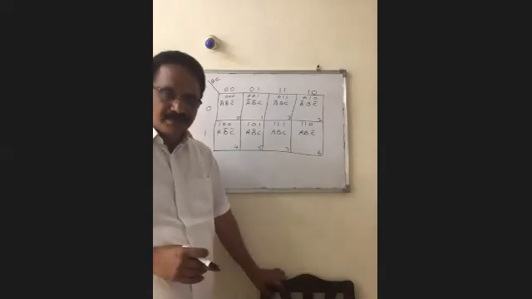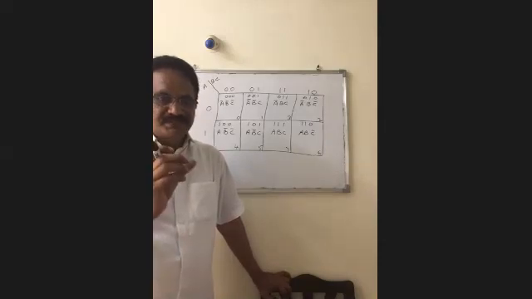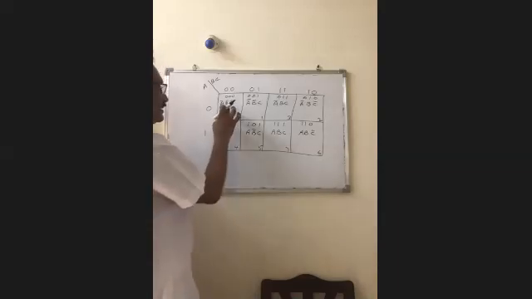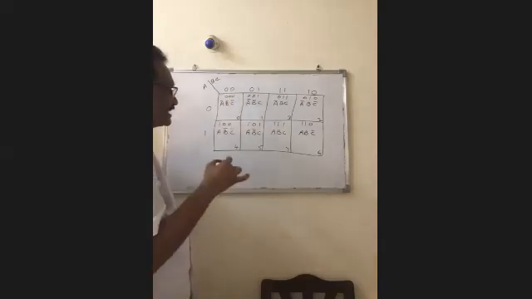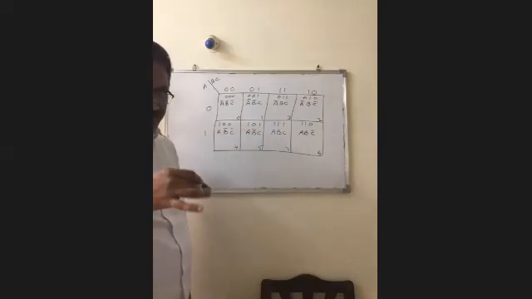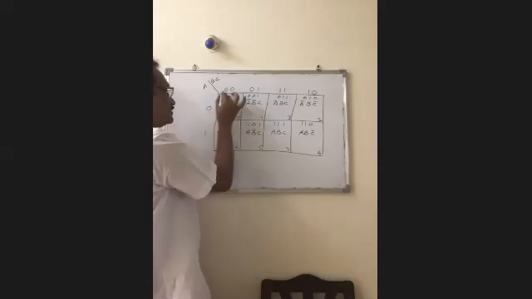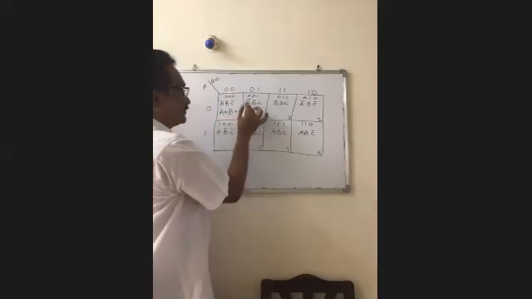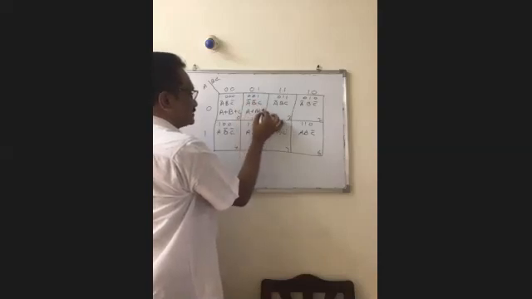Similarly, the max terms for the corresponding cells are, for this cell with 0 0 0 inputs, the max term is written as A plus B plus C. For this one A plus B plus C bar.